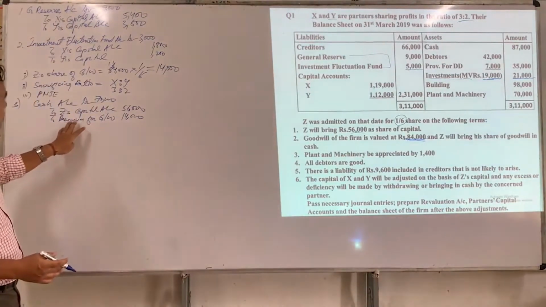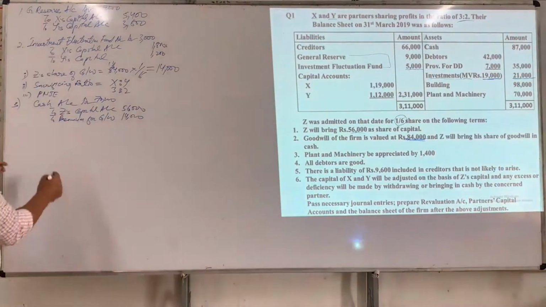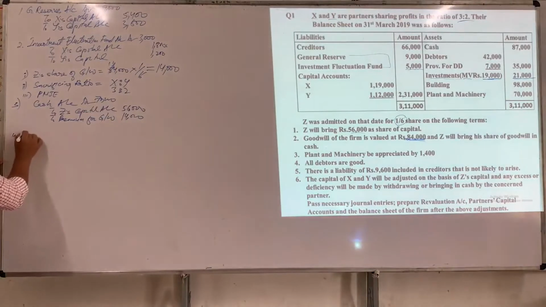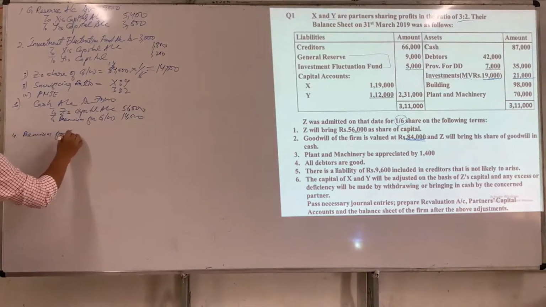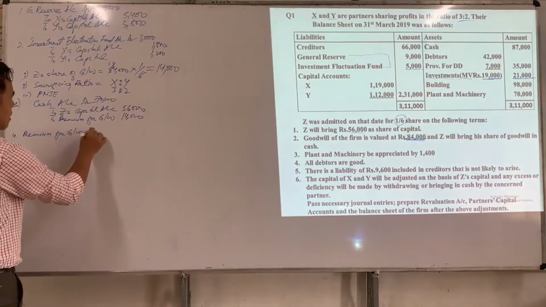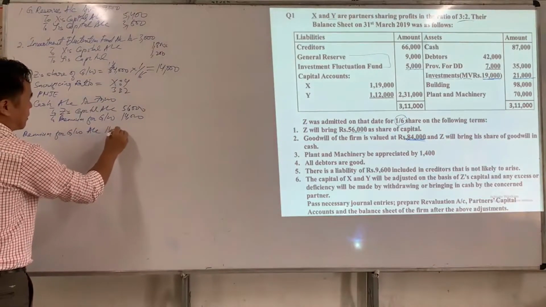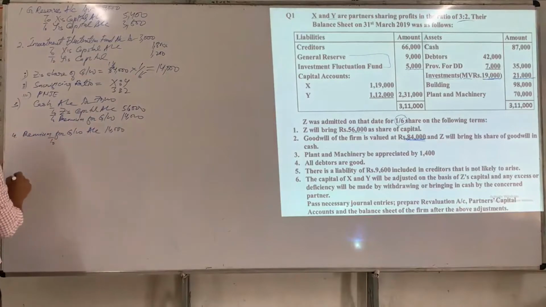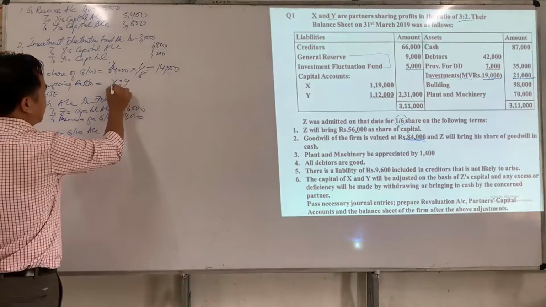Now we have to transfer the premium account. If we transfer premium for goodwill account, then it will be debited. To whom? The sacrificing partners. Who are the sacrificing partners?